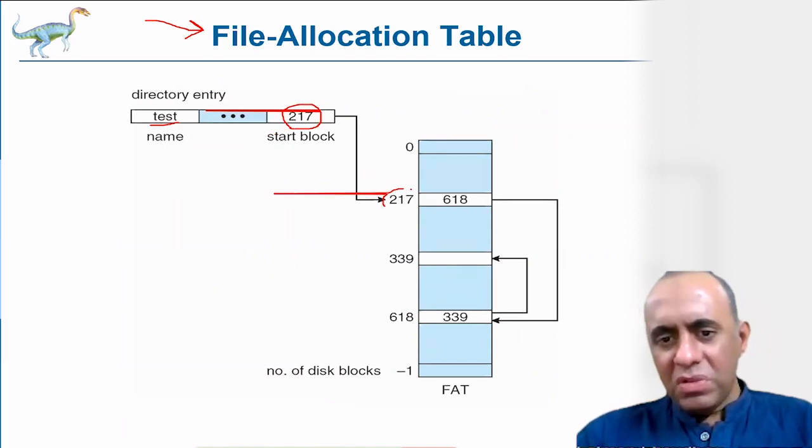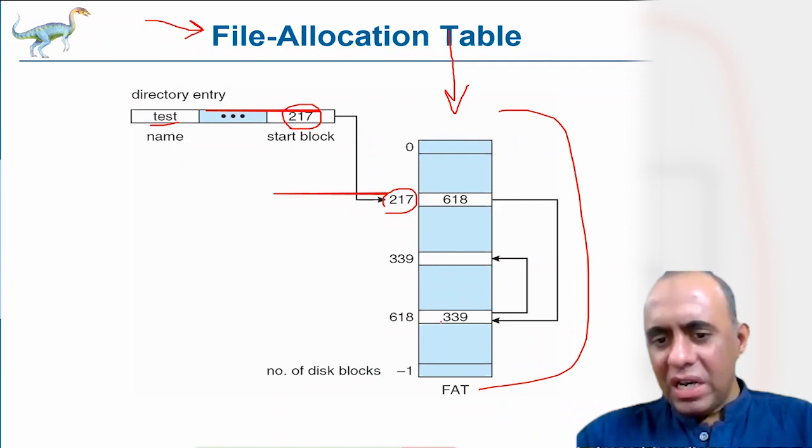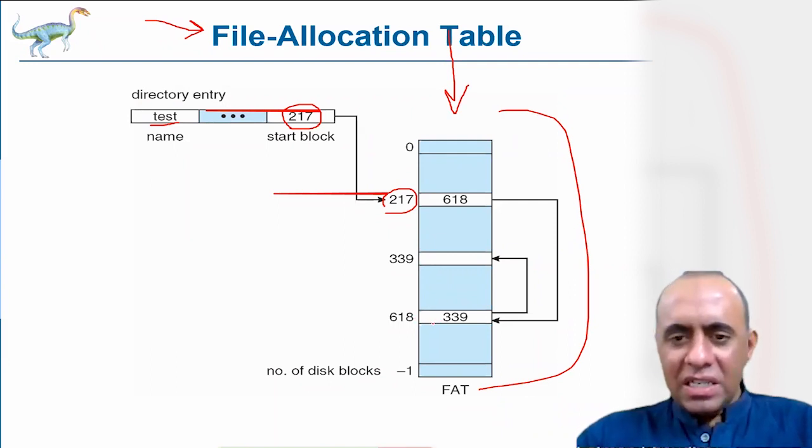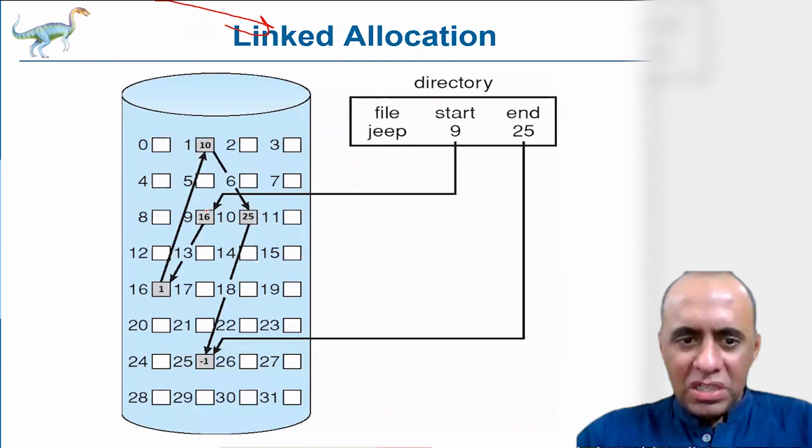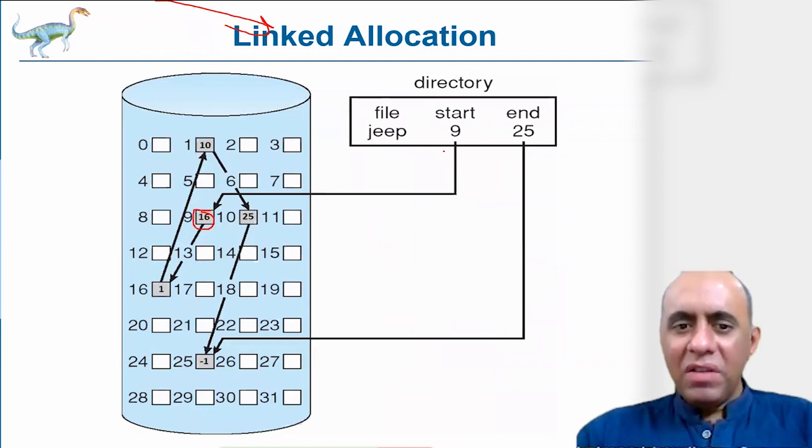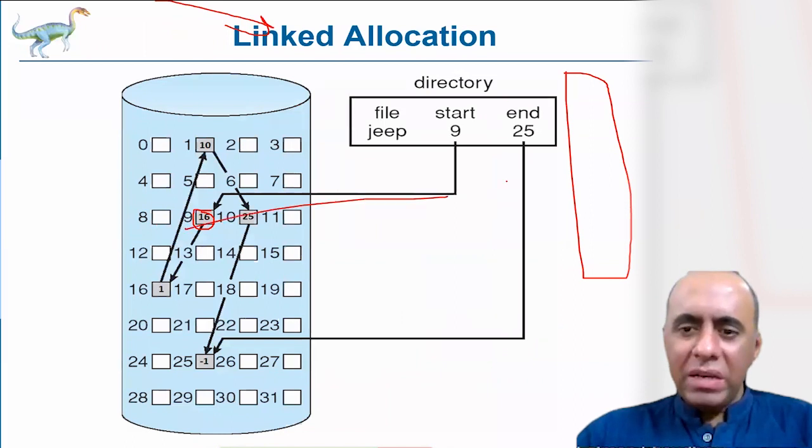You go to that block number, and this traversal is stored inside the FAT array of all the block numbers, which gives you easier access. Instead of storing these block numbers in actual data blocks, you have created a copy of only the block names over here, and you are using the pointers inside this location.